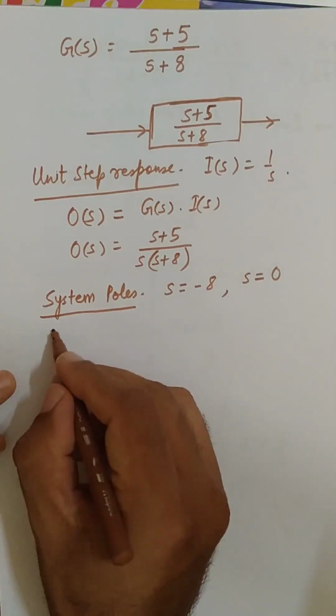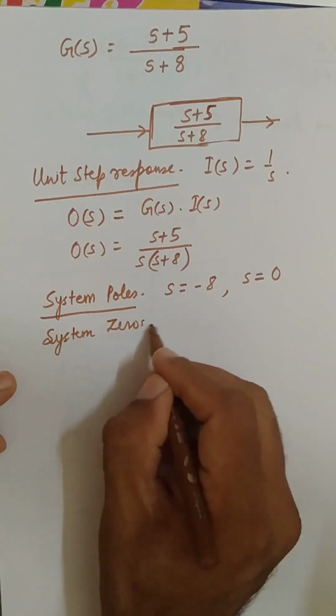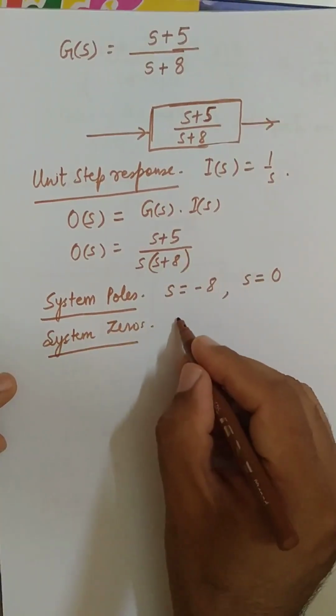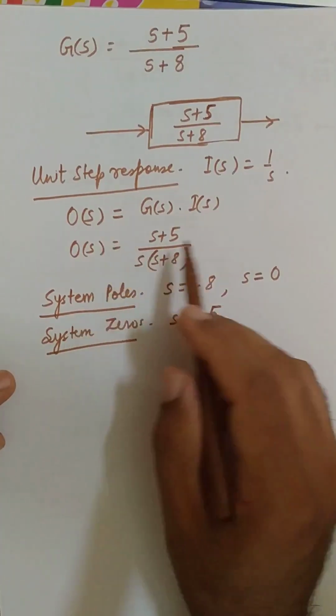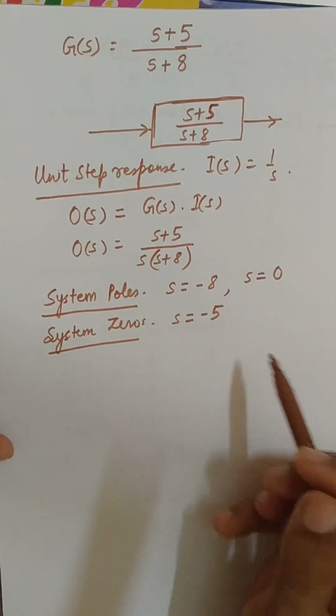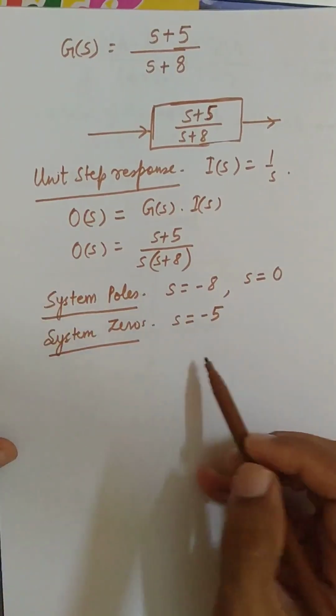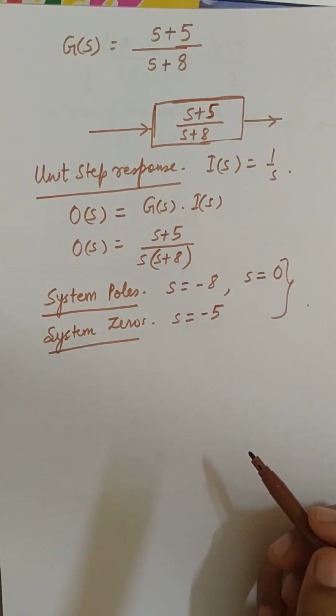And what are the system zeros? They are at s equal to minus 5, because that is what makes the system equal to 0, isn't it? We'll just now see how these two things are quite important.